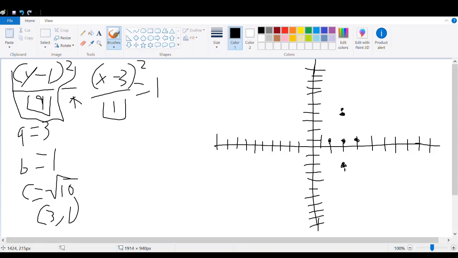Sorry if that's not apparent, that's just a little bit, not a whole number. And then focal width, 2b squared over a, so that's 2 times b squared, which is just 1, so 2 over 3, that's the focal width. Right? I'm doing that right? Yeah.